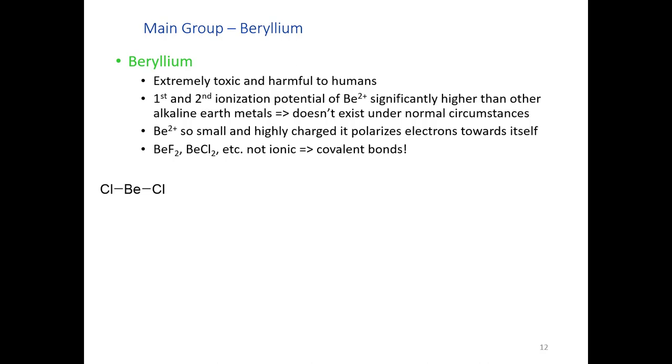Looking at beryllium chloride, the beryllium center is so positively charged that it will pull lone pair electrons from other beryllium chloride units and form dative interactions. Think of this kind of like a Lewis acid-base adduct.